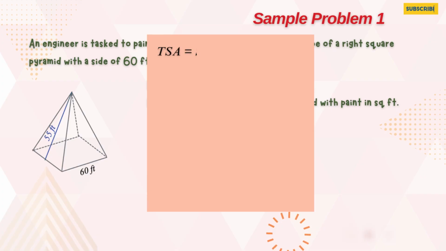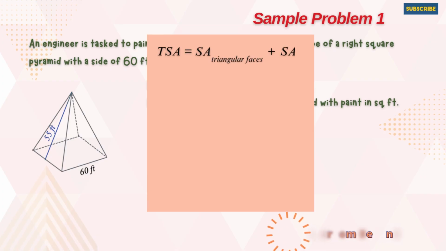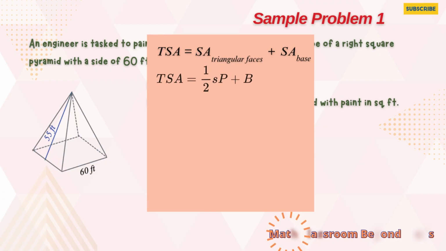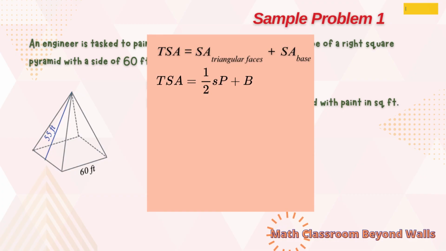So, we have TSA is equal to surface area of the triangular faces plus the surface area of the base, which is 1/2 S times P plus B. Note that the surface area to be painted is what we are trying to find out here.